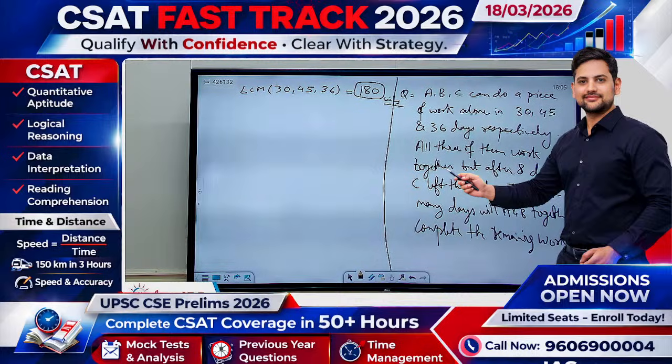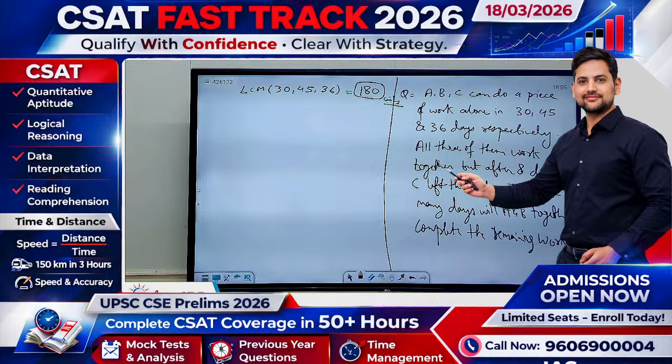A, B, C efficiencies first. What are you getting? 6. 6. Efficiencies are found.